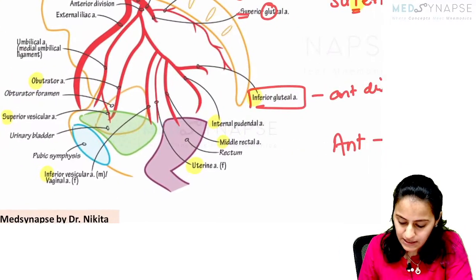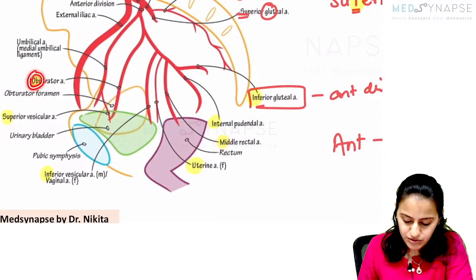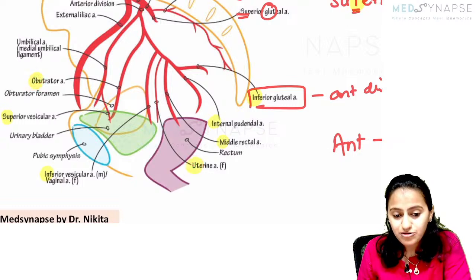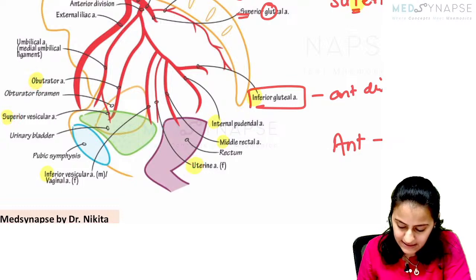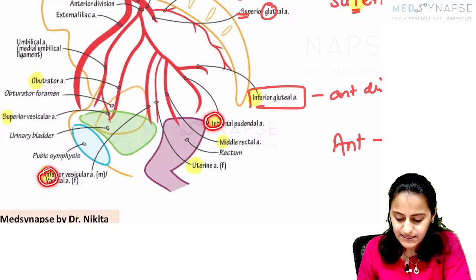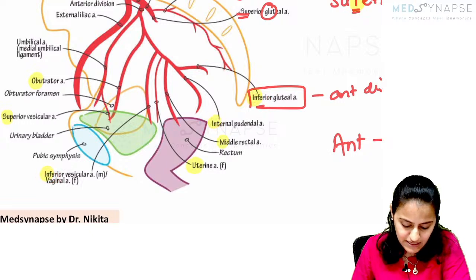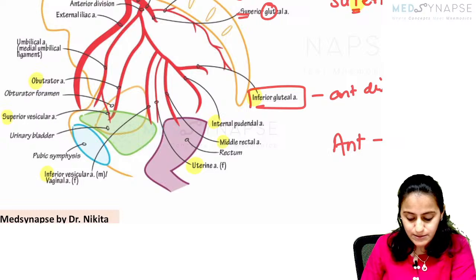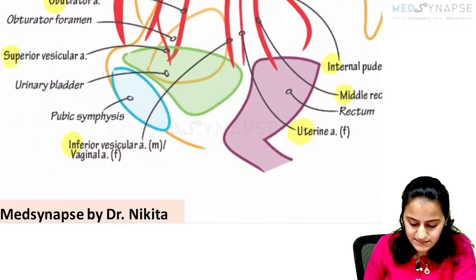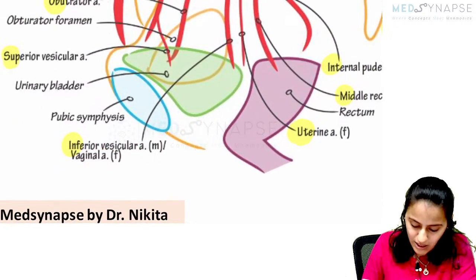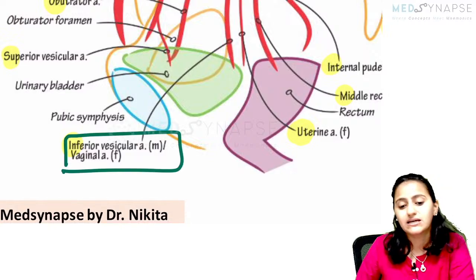Let me quickly repeat: middle rectal, obturator, uterine artery, superior vesical, inferior vesical, internal pudendal and inferior gluteal. Is this clear with everyone? The inferior vesical artery is the vaginal artery in females.